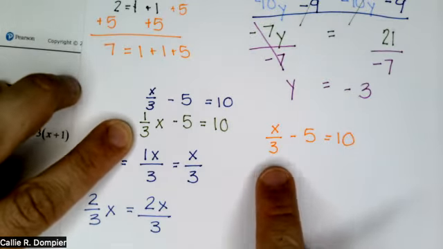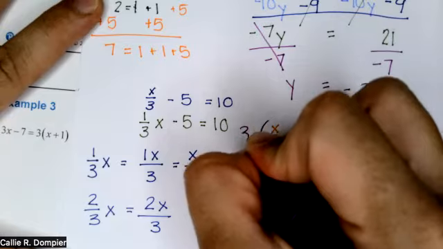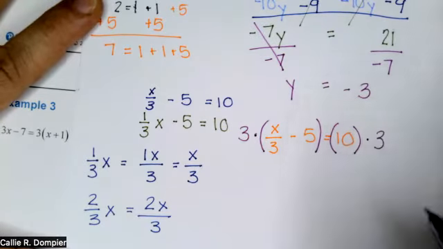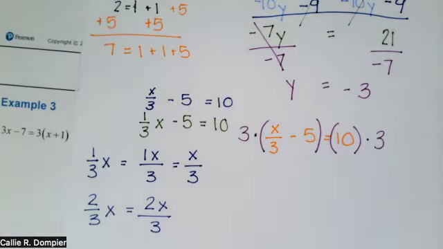Now, this is being divided by 3, so I'm going to take everything on this side, multiply it by 3. If I do it on this side, I have to do it on this side, okay?